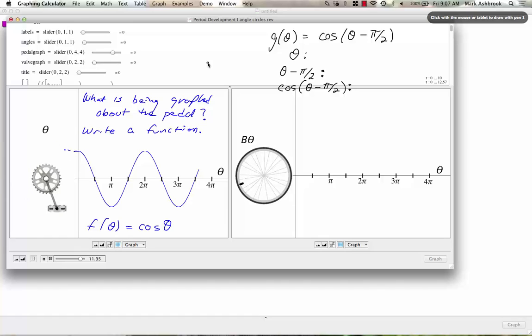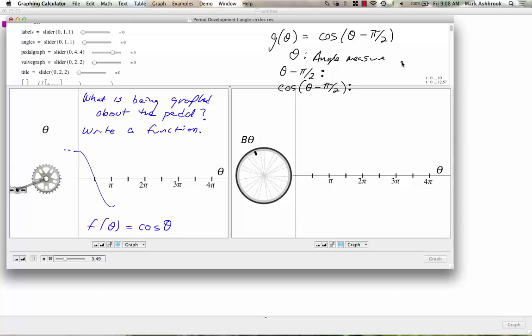Okay, Wyatt. Theta. Tell me about theta. What do you think that is? The angle measure. Well, is there only one angle measure up here? There's actually the angle measure of the pedal, from the 3 o'clock position. He wants the angle measure of the pedal, swept counterclockwise from 3 o'clock.